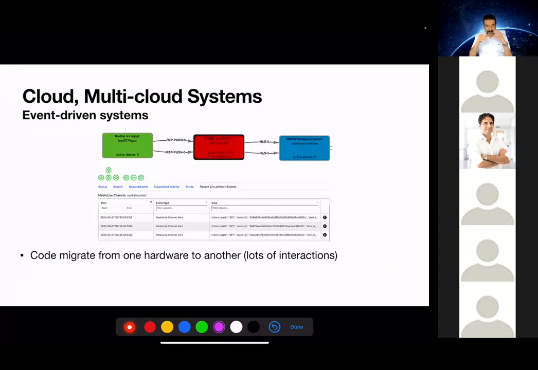Or even in an event-driven system, you might have multiple clouds, not only one. You have heterogeneous hardware, but now this heterogeneous hardware is managed by different cloud platforms that come with different characteristics and limitations.